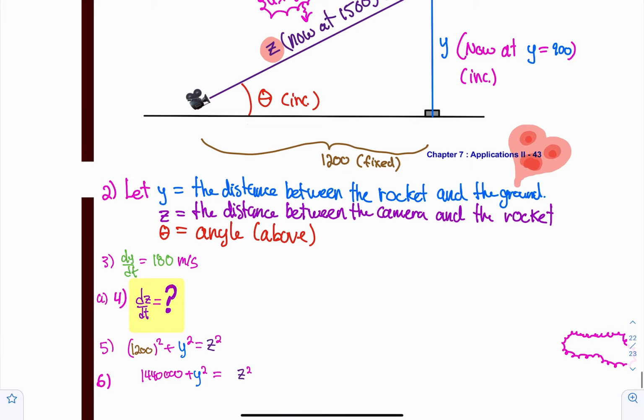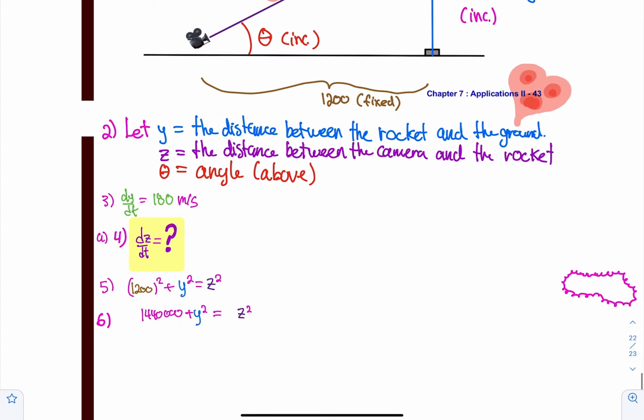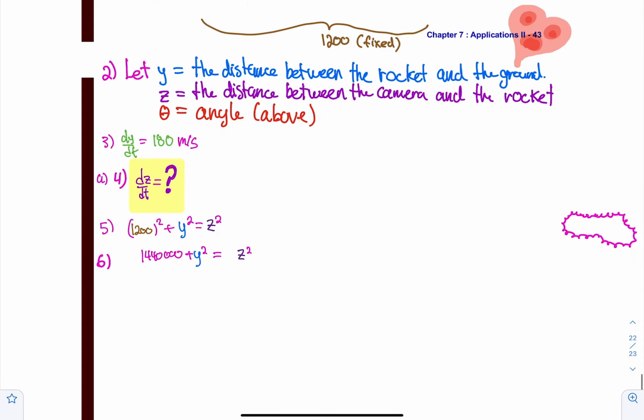So here, you start with your equation and you're differentiating on both sides. I'm just going to add the d/dt on both sides. Very, very similar to earlier, there's really no big difference here.